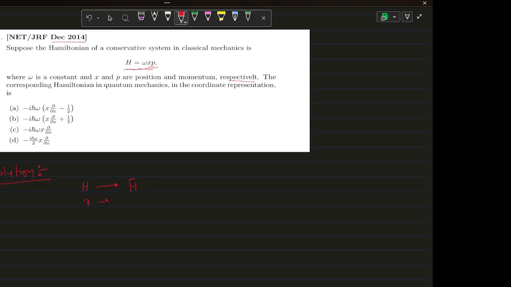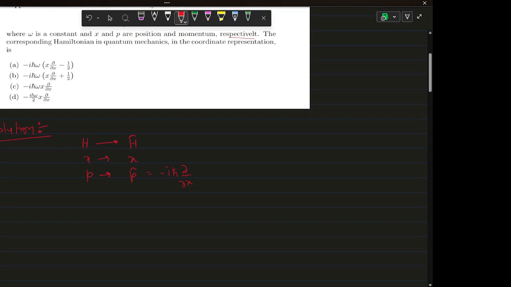Position can be written similarly, and momentum can be written as p cap equal to minus iħ ∂/∂x. So the question is, can we directly put this position and momentum in this classical form and get the quantum mechanical Hamiltonian?